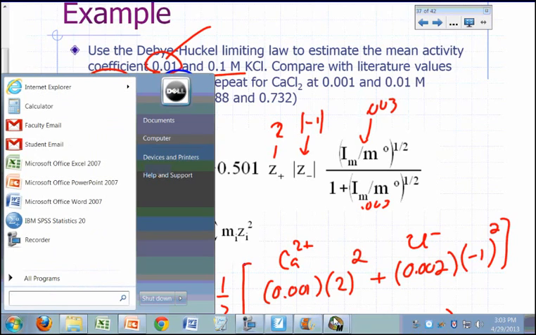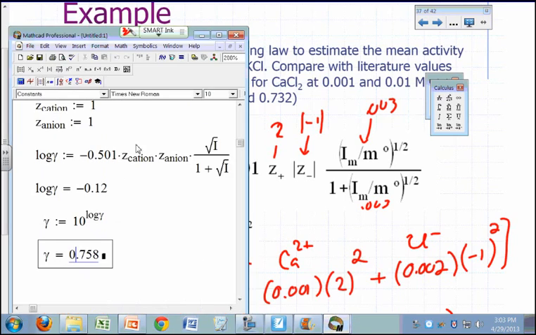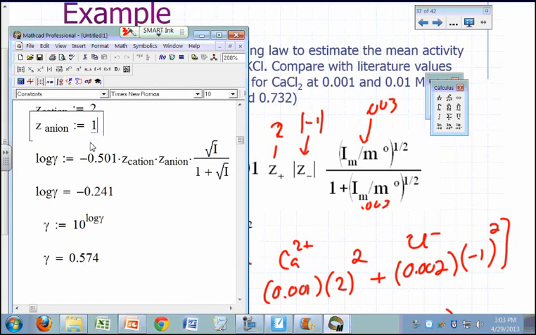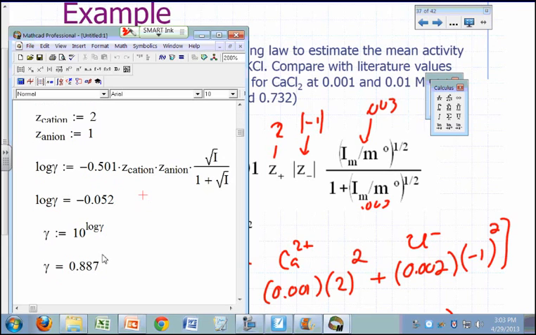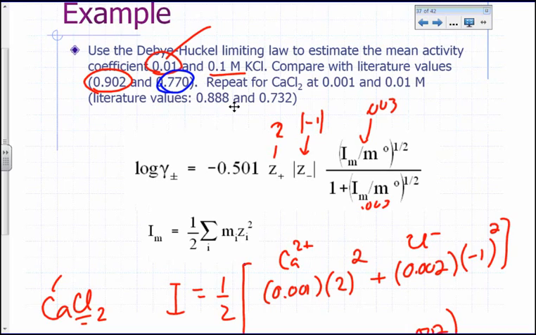So let's go back to our MathCAD document. Z cation this time is 2, Z anion is 1, ionic strength is 0.003, and you can see that our gamma activity coefficient is 0.887. Not bad, okay? 0.001 is a low concentration, but that's a very low concentration.